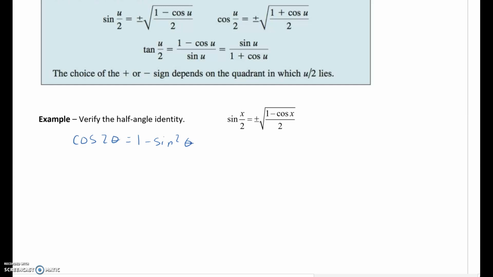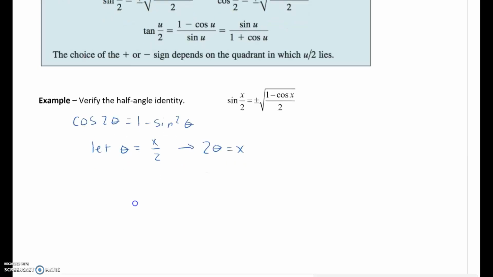So let's assume, let theta equal x over 2. So we're going to go with an assumption. That way, 2 theta is going to equal x. You're not going to be responsible for this proof, just so you know. This is just proving it so that we can use it. All of the proofs kind of work the same way, but this is just good practice on proofs. So we'll start there.